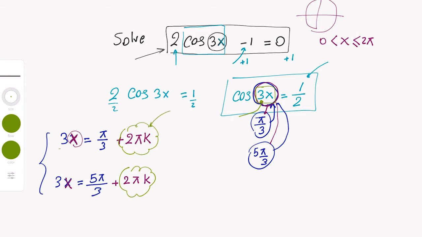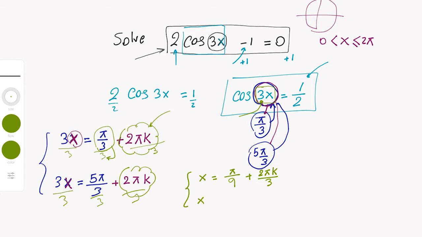So now I'm going to divide everything by 3. This divided by 3, that divided by 3, also this divided by 3, this divided by 3. So we will get x equal to pi over 9, since pi over 3 divided by 3 is pi over 9, plus 2 pi k over 3.